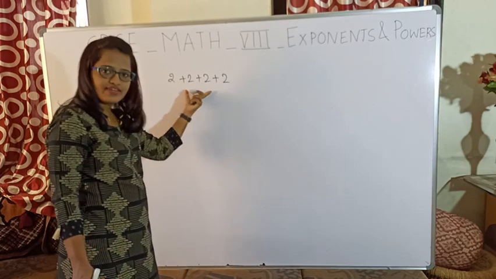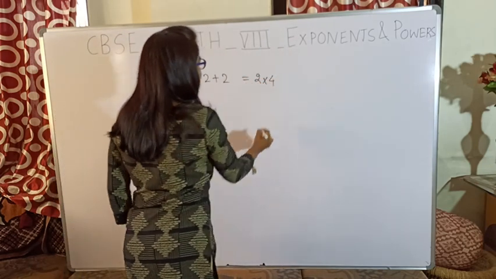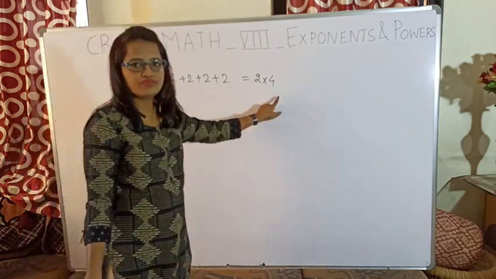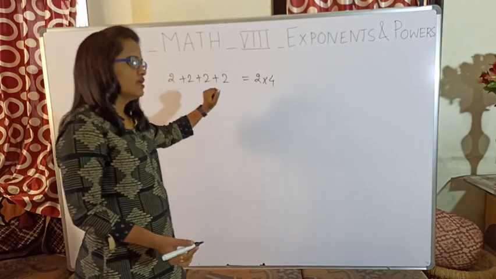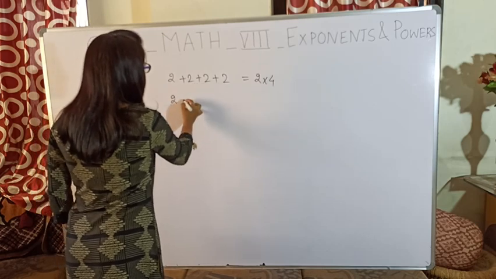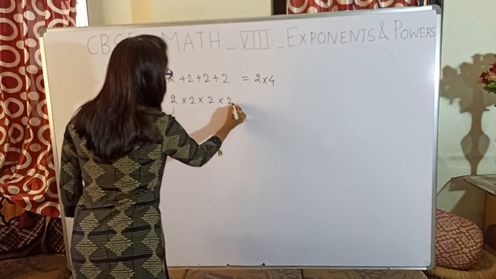So instead of writing it like this, can I write it in this way? 2 into 4. Why? Because 2 is being added 4 times to itself, and hence I can write it as 2 into 4. Similarly, now instead of addition, I am writing multiplication between those numbers.